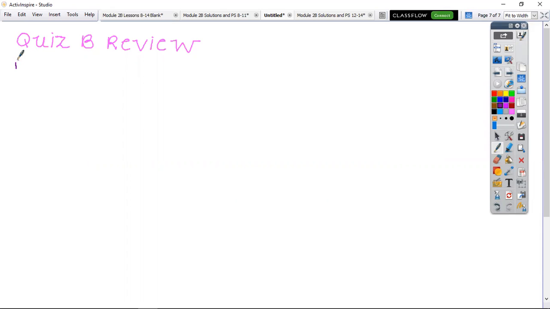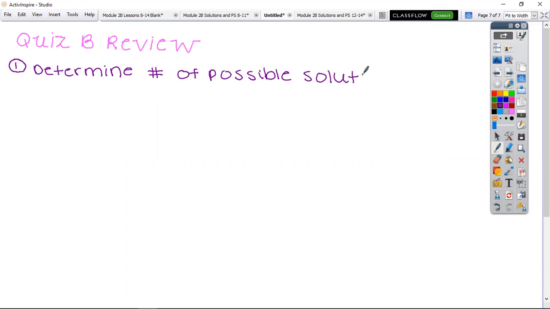So number one, and this is very similar to what you did for homework. Determine the number of possible solutions. So what are my choices for possible solutions? 0, 1, or 2.